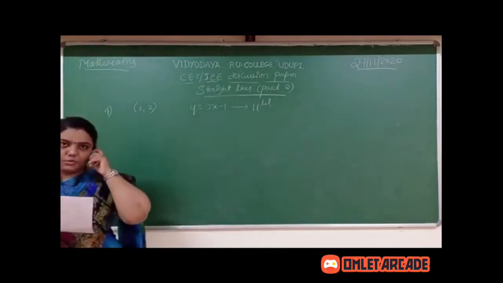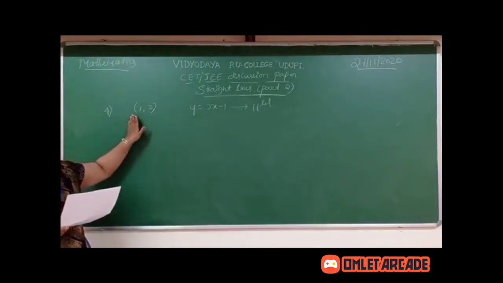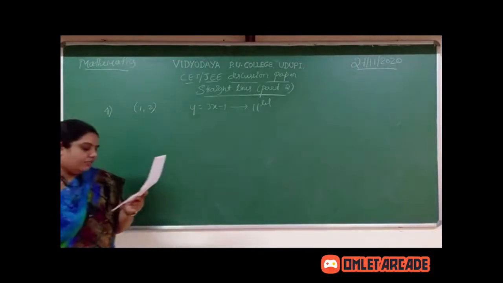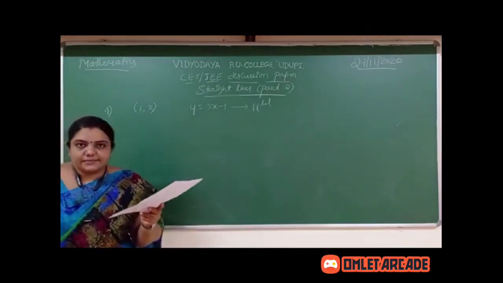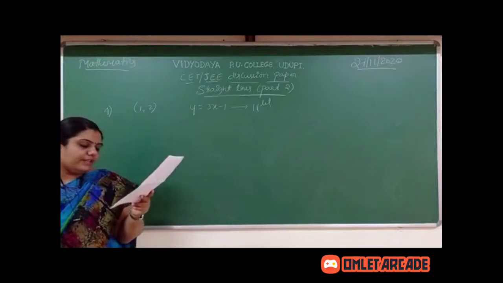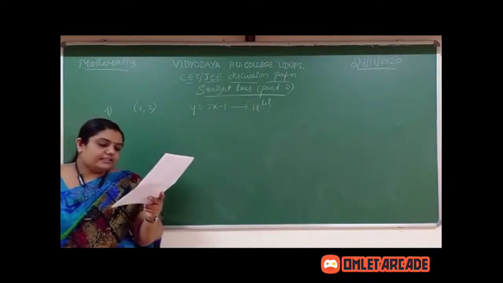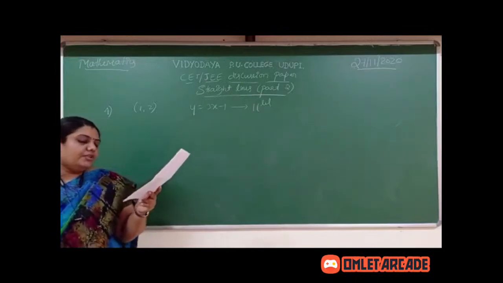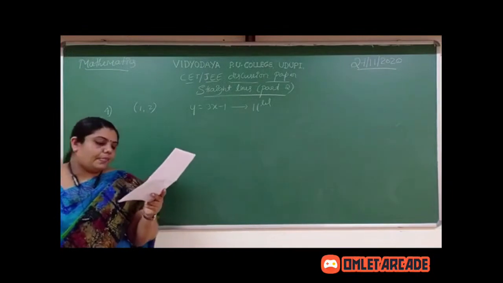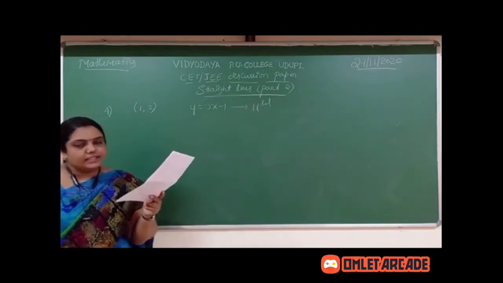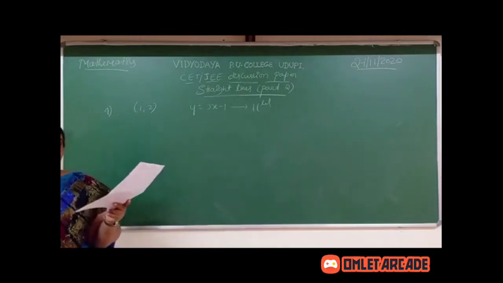So here the one shortcut method is what I told you. You just see which equation is satisfied by this point. See the first option. When you substitute y is equal to 2, x is equal to 1, no, it is not satisfying. When you see equation number 2, when y is equal to 2, left hand side is 4, when x is equal to 1, RHS is 6, again it is not satisfying. When you see the third equation, y is equal to 2 and x is equal to 1, in both left hand side and right hand side of the equation you will get 0.